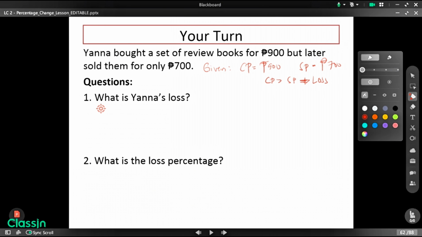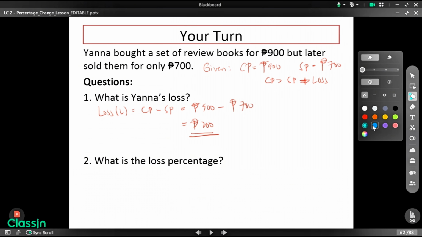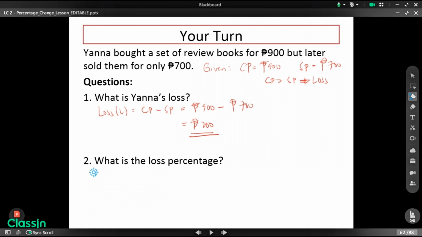Alright, so our formula in getting the loss, or L, is cost price minus selling price. So 900 pesos minus 700. So the answer is 200 pesos. And for the loss percentage, the formula is equal to the loss all over the cost price times 100.